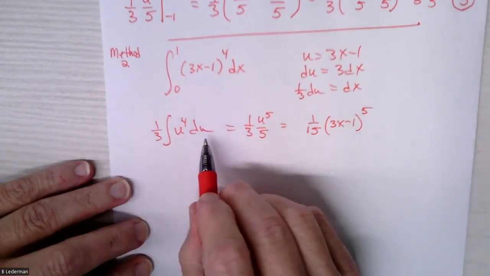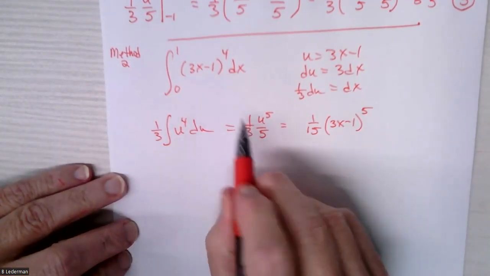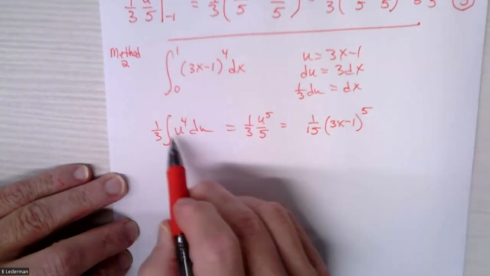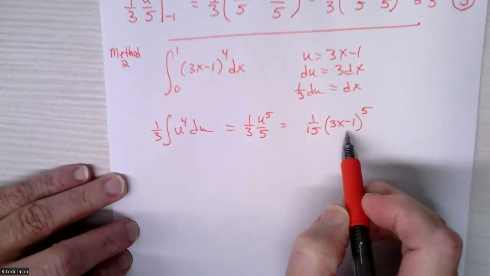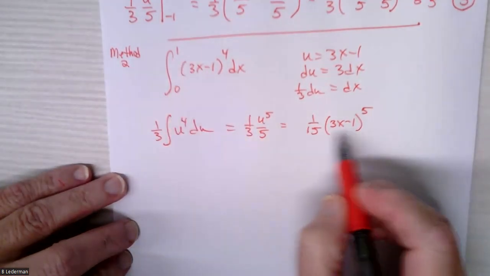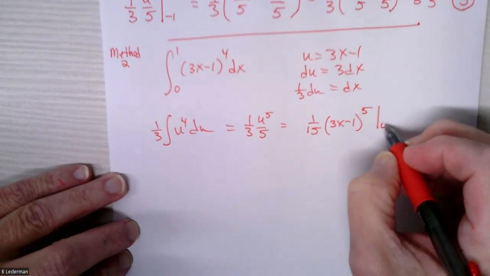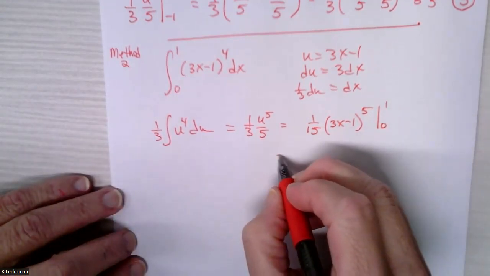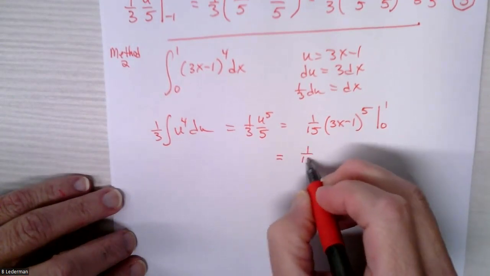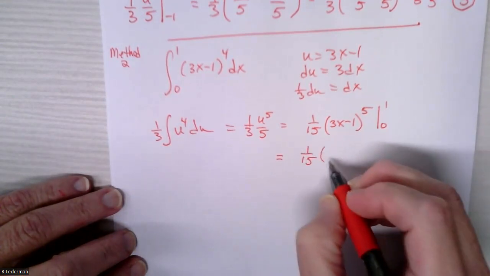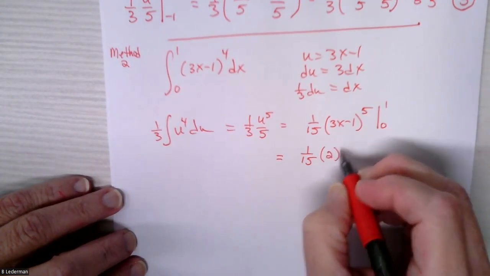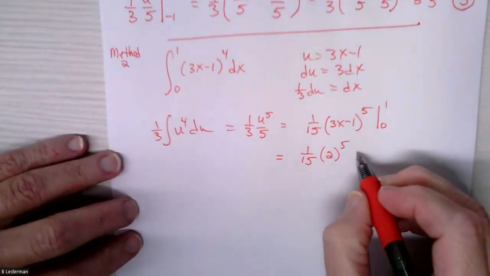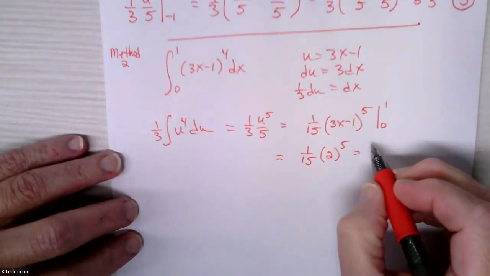Since I was in U territory, the 0 and 1 were not good. But now I went back to X territory, and now the 0 and 1 are good again because I'm dealing with X's. So I'm going to go between 0 and 1. This is going to equal 1/15th times 2 to the fifth power minus 0, so just 2 to the fifth power.